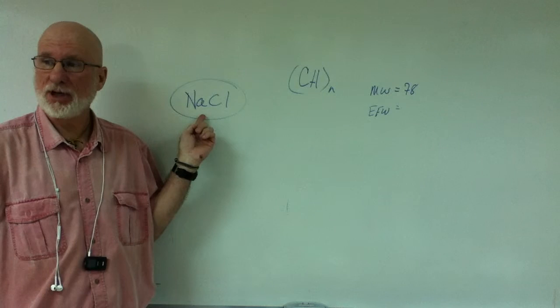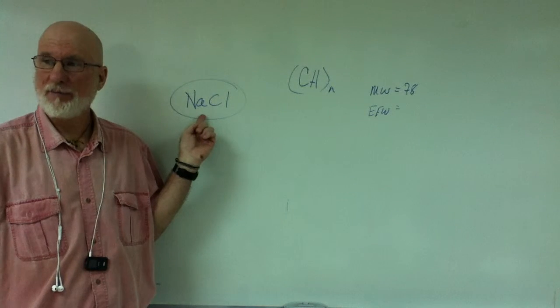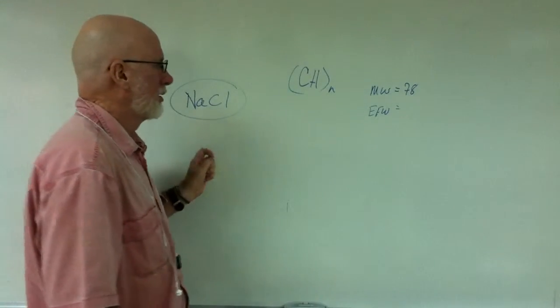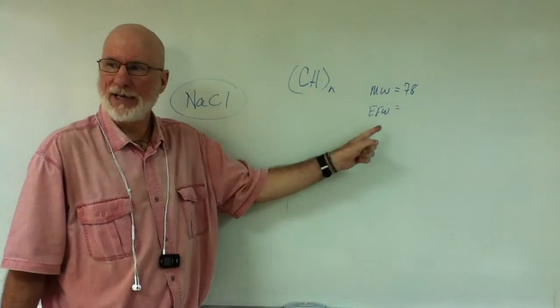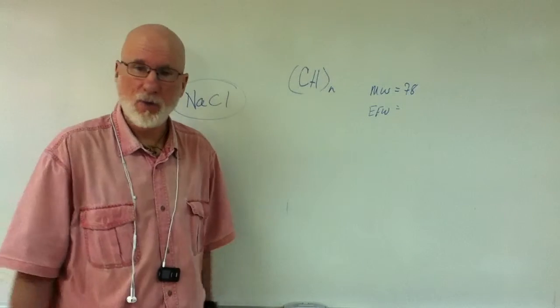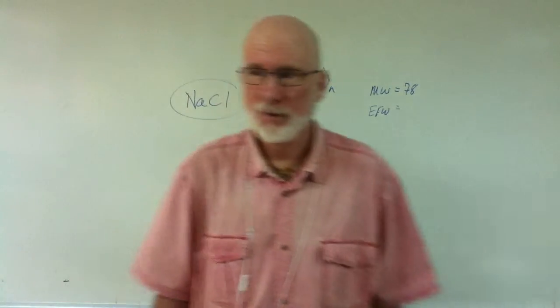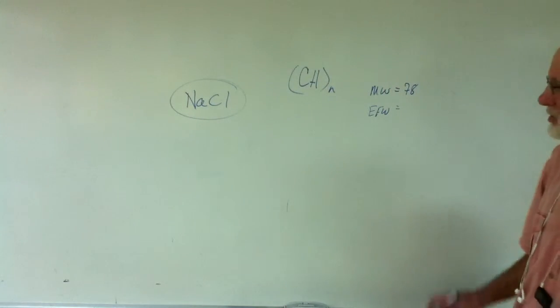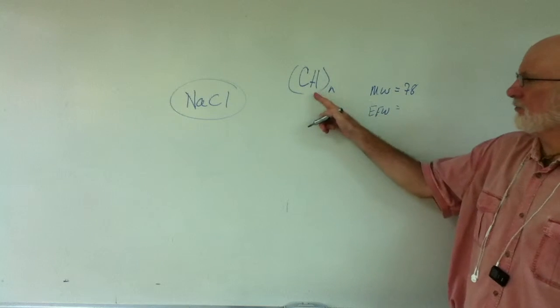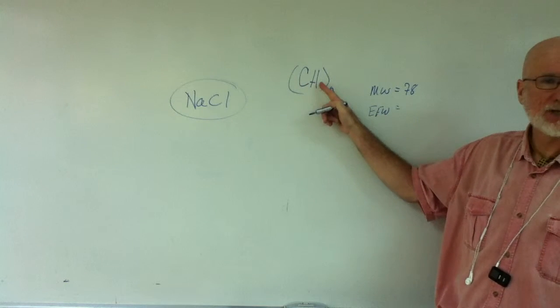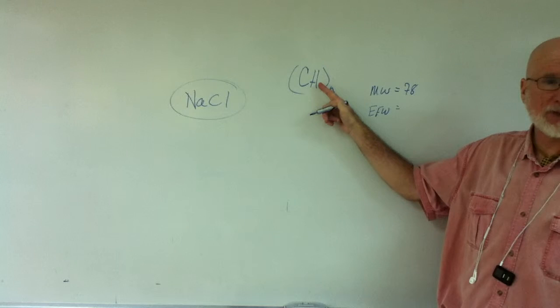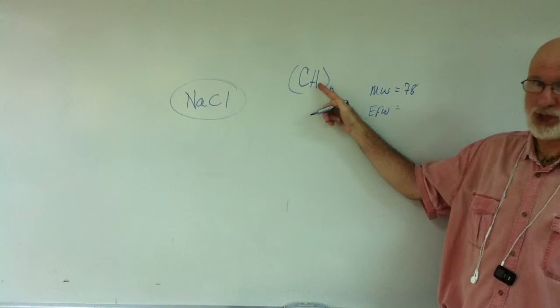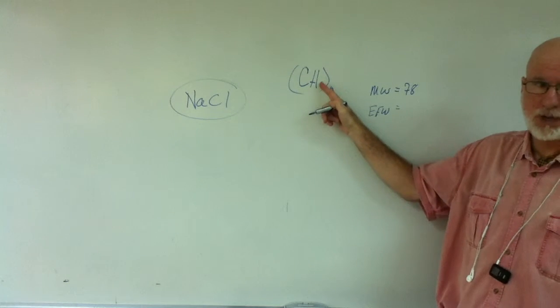That's a formula unit. I know, weird, huh? So some people call it empirical formula weight. Some people call it the formula weight. All kinds of things you're going to find out there in chemistry. So what's the formula weight? CH. Can you add 12 plus 1? 13, right?